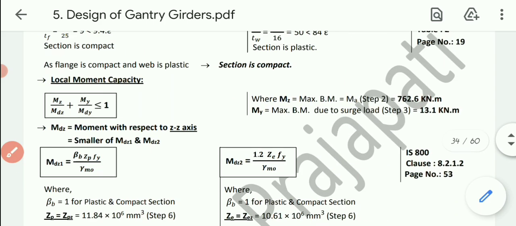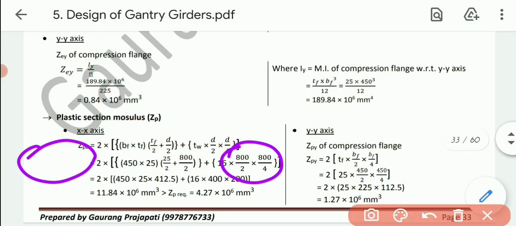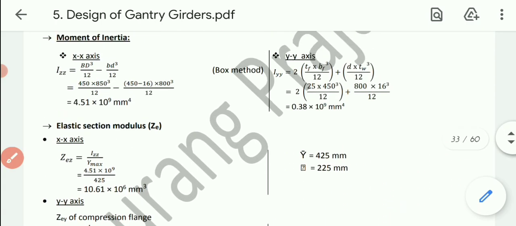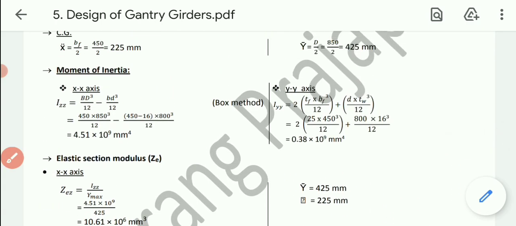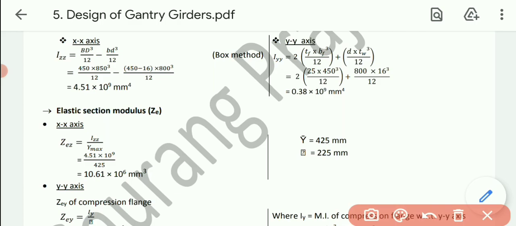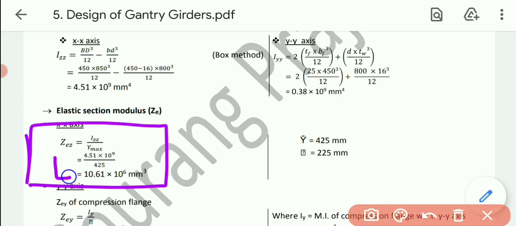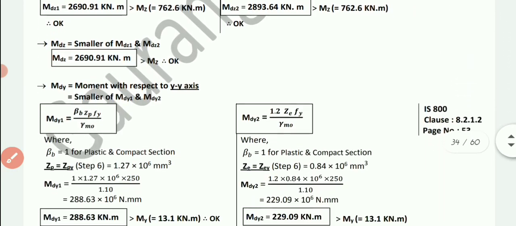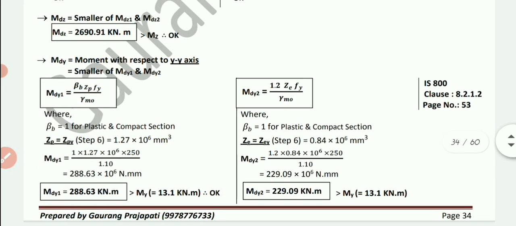We have calculated these values in step number 6. This one is the value of Zpy, 1.27 into 10 raised to 6 mm cube, and Zey is over here, just a minute, that is this one, 10.61 into 10 raised to 6. So we have got these two values. Let's put down these values over here.